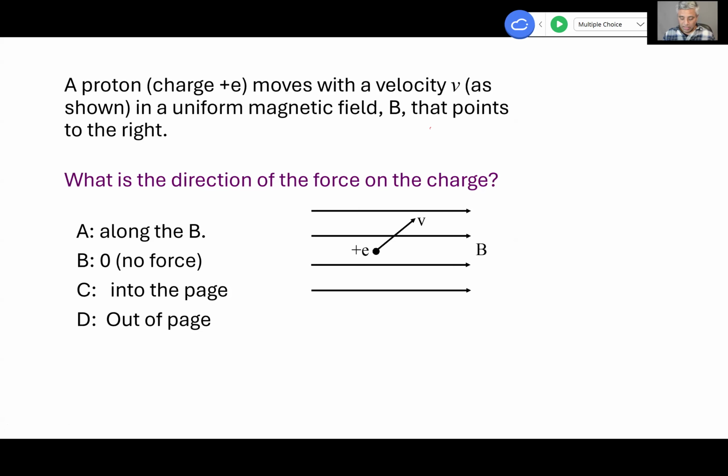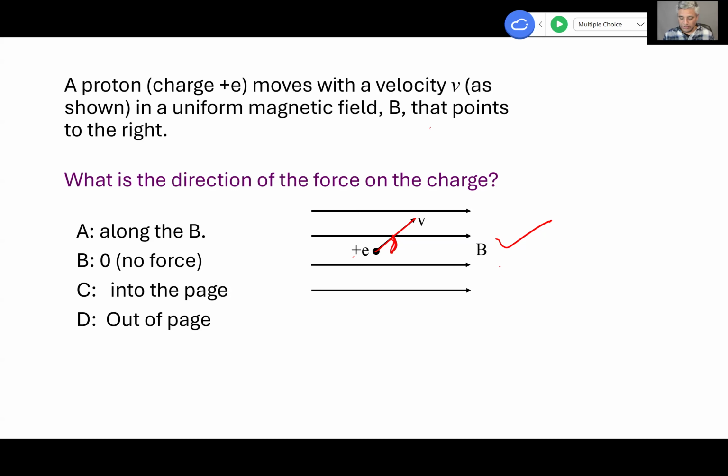Now there is another one. This time it's a positive charge moving this way, and B is like that. There is an angle between them, which is not 90 degrees in this case, but the force is perpendicular, making 90 degrees to both of these. B is on the page, right?